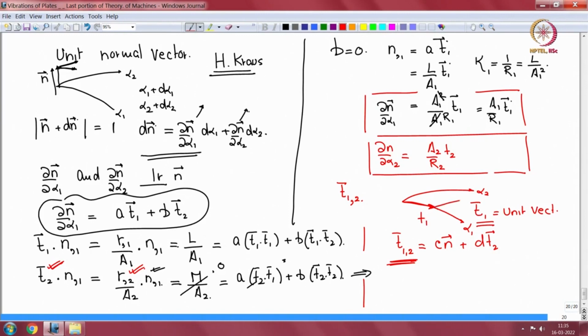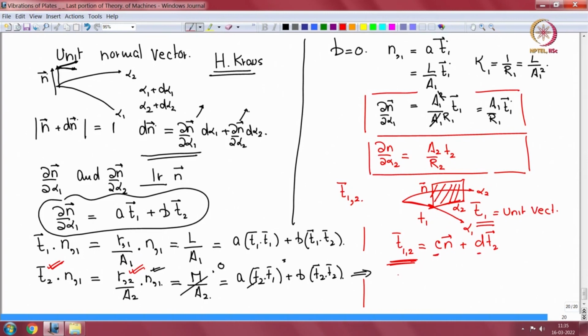It will have components in alpha 2 and n, my mistake, this is the plane, alpha 2 and n. Okay, so that's what I have written over here. Now how to find C and D?